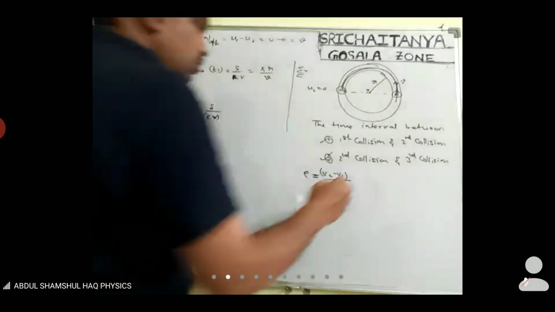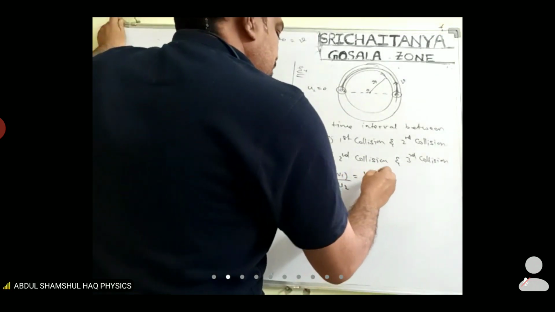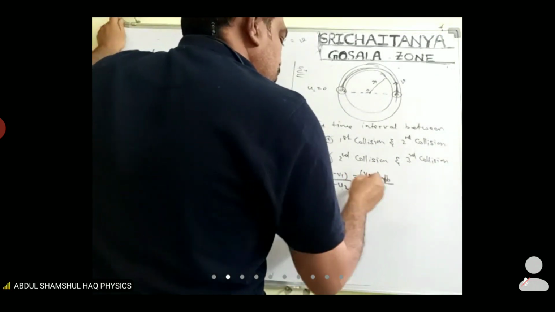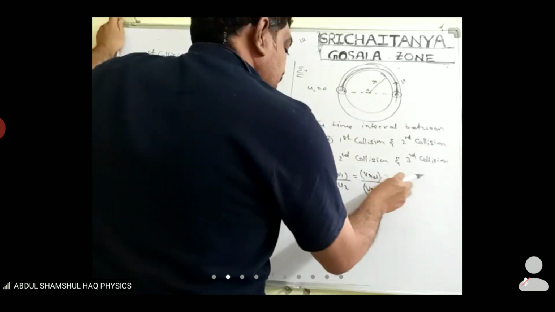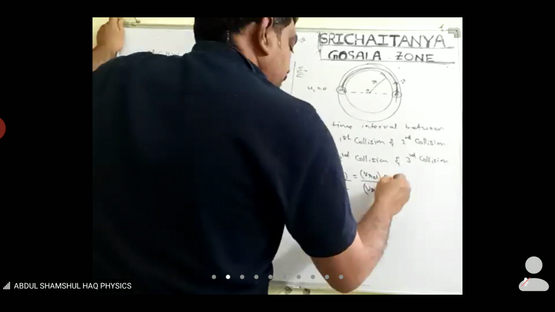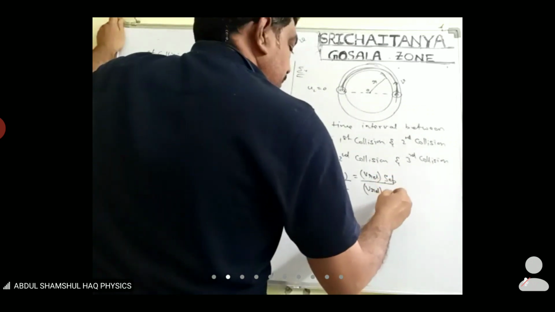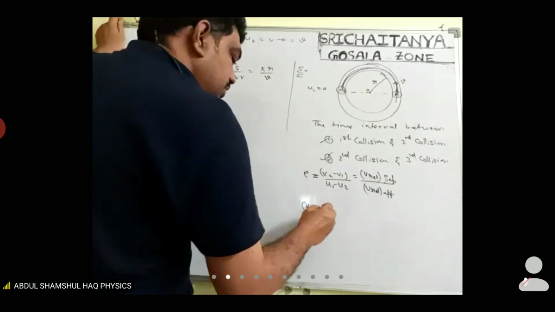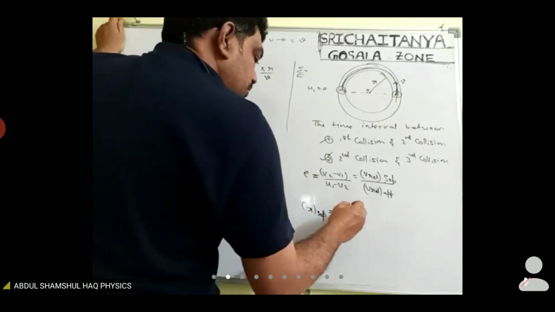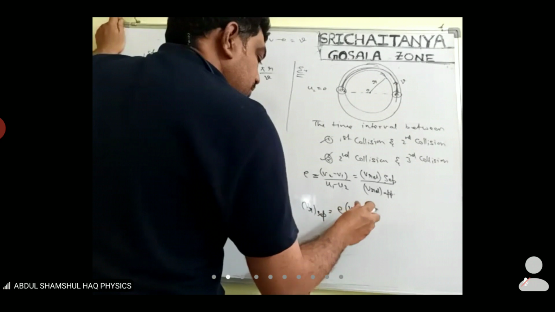So V relative separation is equal to e into V relative approach.